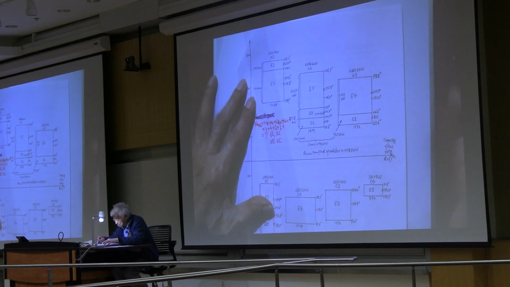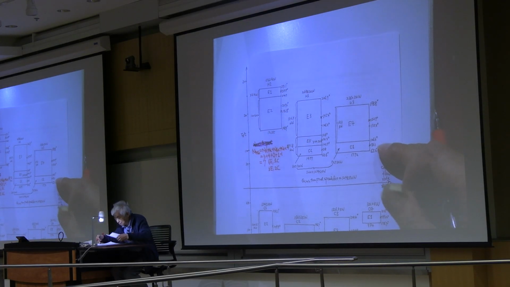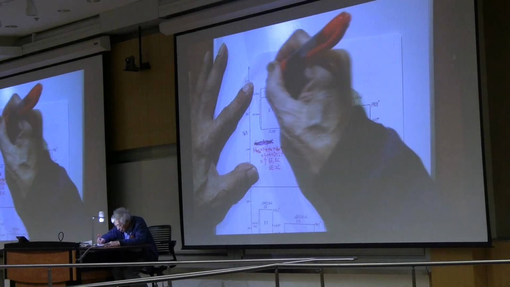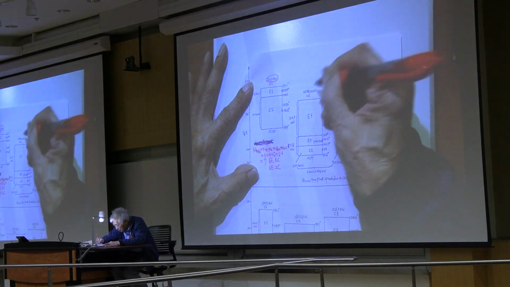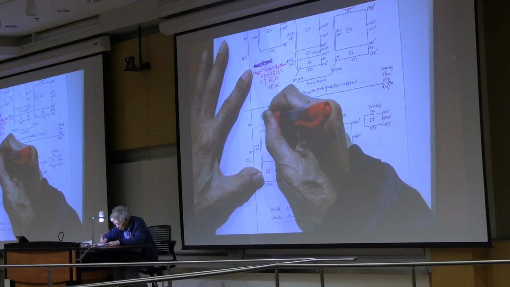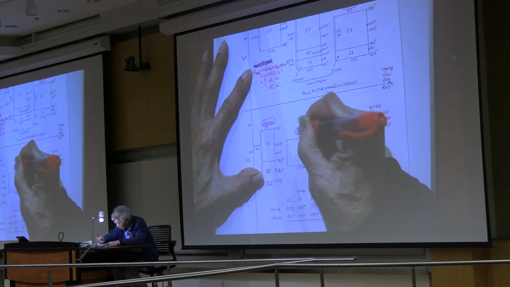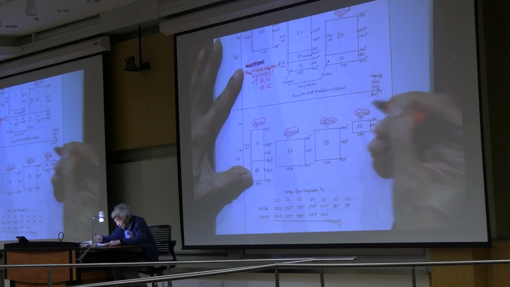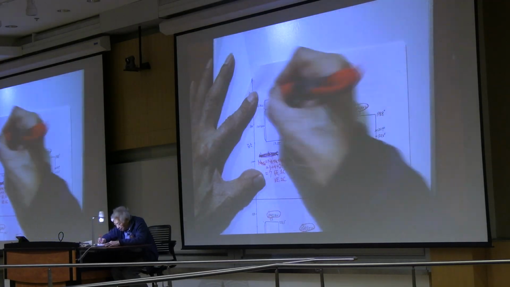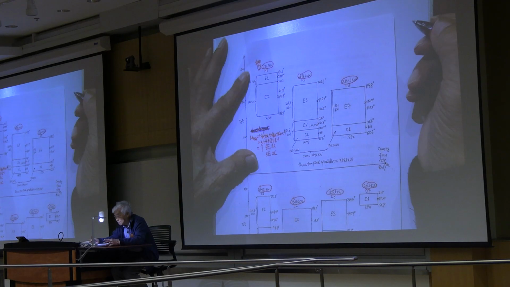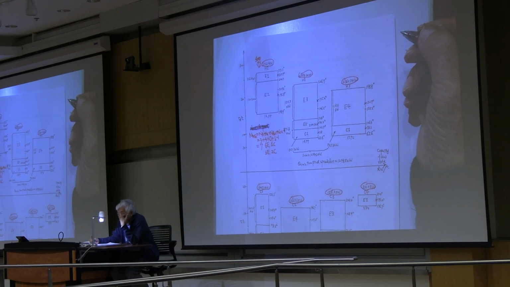So now, let's start. First thing you need to find out is the total heat duty. This is your step 1. Finding out all the utility requirements.